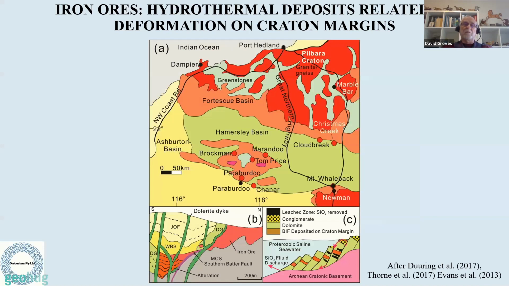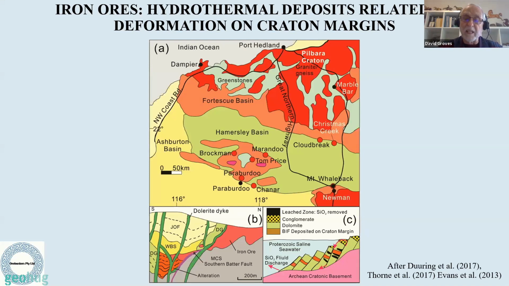Even iron ore deposits. These are deposits, of course, where we're dissolving components, we're dissolving silica rather than depositing something. But again, if you have a look at the map, all these deposits are sitting around domes of cratonic material at Mount Whaleback, the Brockman, Paraburdoo, Tom Price deposits, and Cloudbreak along the edge of the Pilbara Craton to the north. These are all bits of the Pilbara Craton that are sticking through the younger belts, and they're controlling where the deposits are.